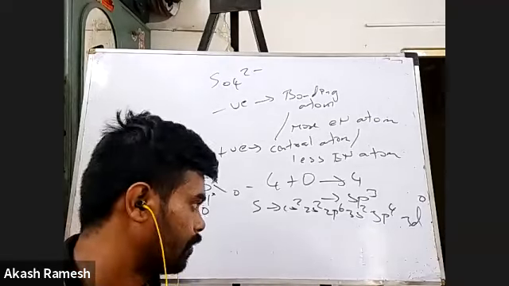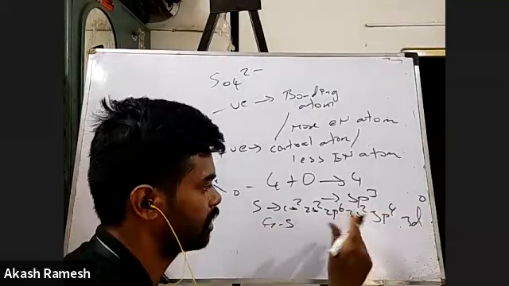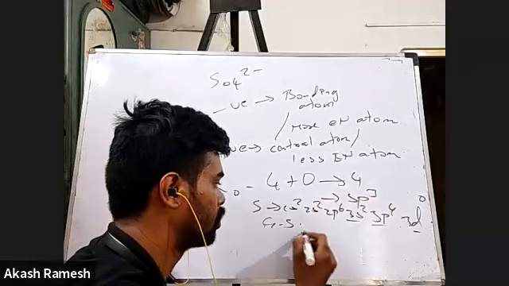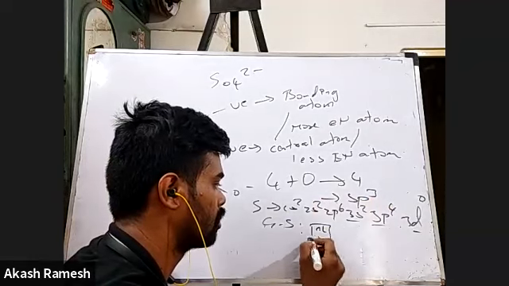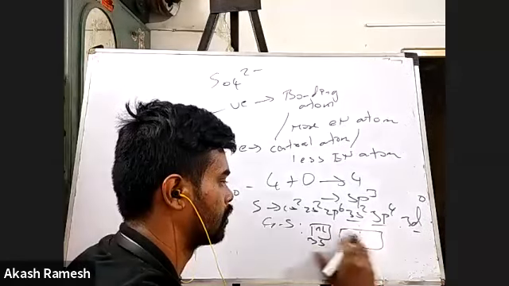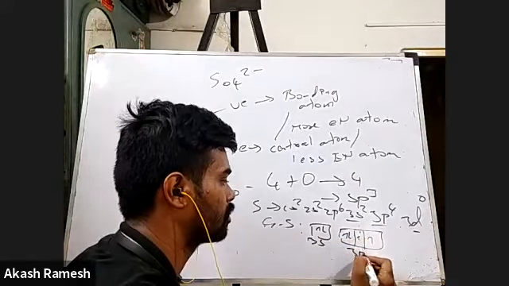Okay, good. So first, if I draw the ground state, I'll just start with 3s, 3p, and 3d alone because that is my valence shell. So 3s, 2 electrons. In 3p, 4 electrons.